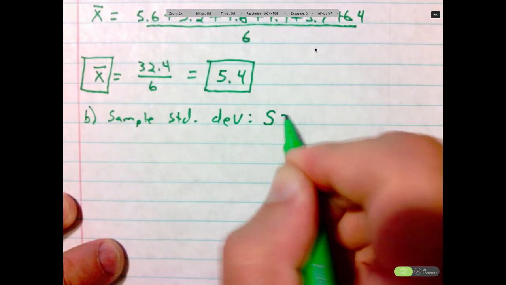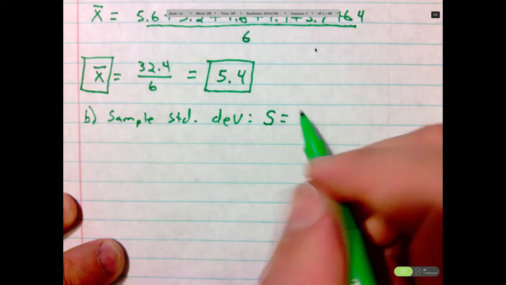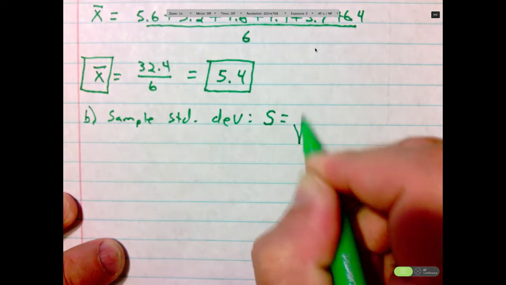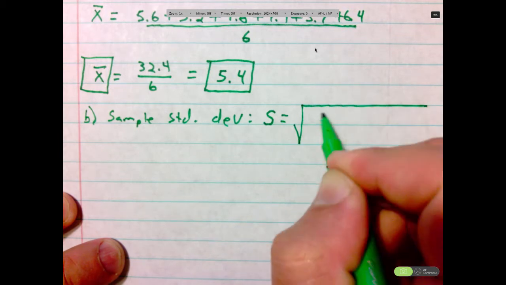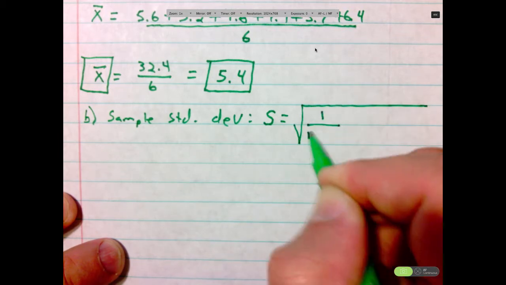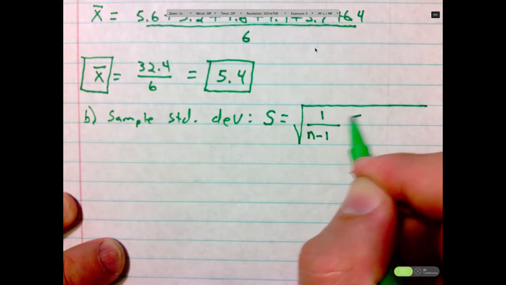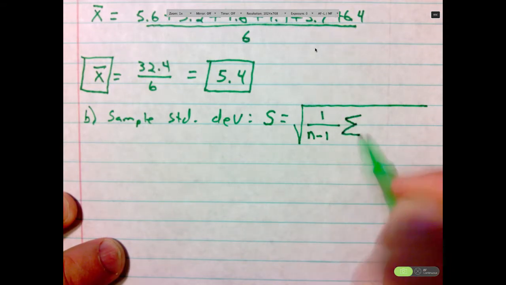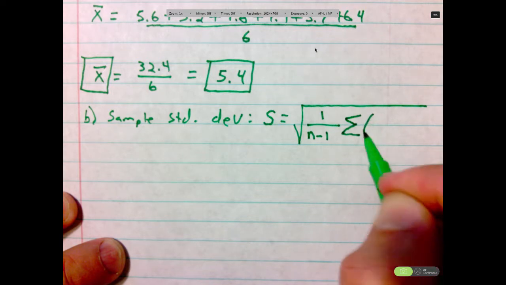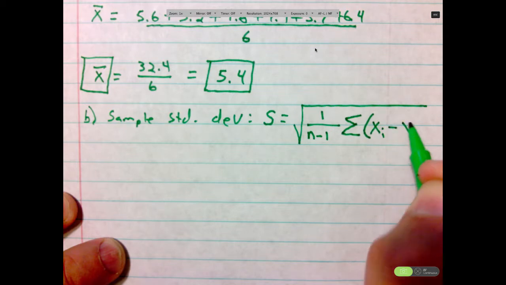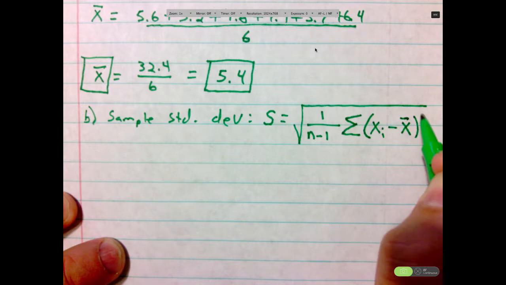From our formula chart or from page 49, we can see that sample standard deviation is the square root of 1 divided by n minus 1 times the quantity sum of each observation X minus sample mean, quantity squared.